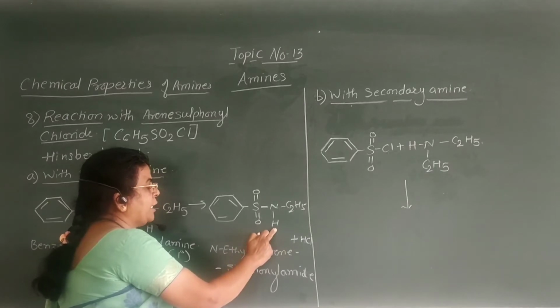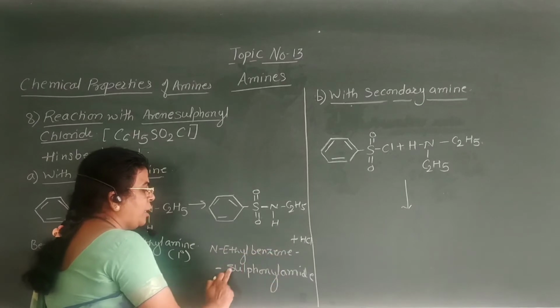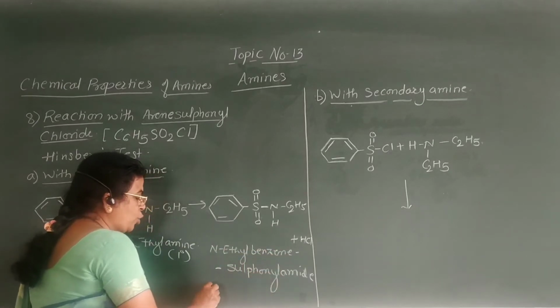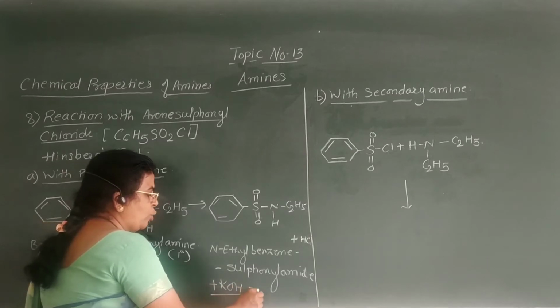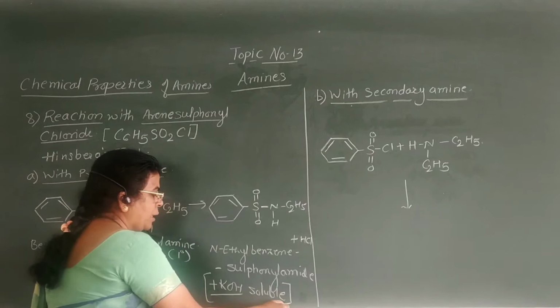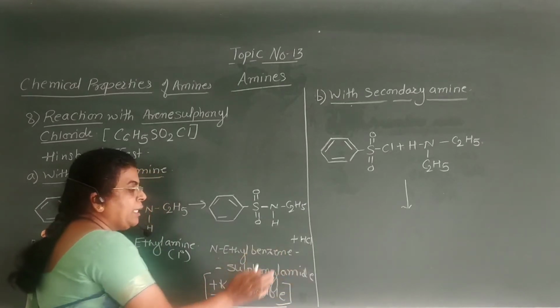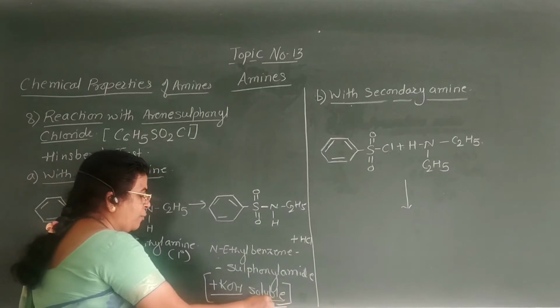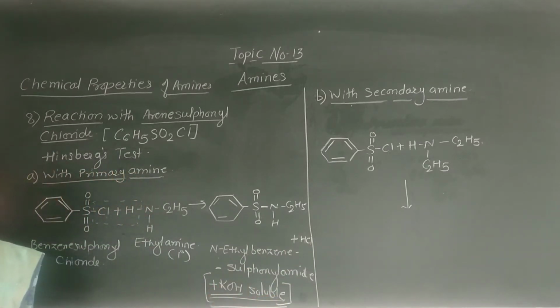Since this nitrogen atom is bonded to the C6H5SO2 group, this hydrogen atom is more acidic in nature, and therefore when this N-ethyl benzene sulfonyl amide is dissolved in a base like KOH, it is soluble in KOH. That is, this compound is acidic in nature, and therefore it can dissolve in bases like KOH or NaOH.